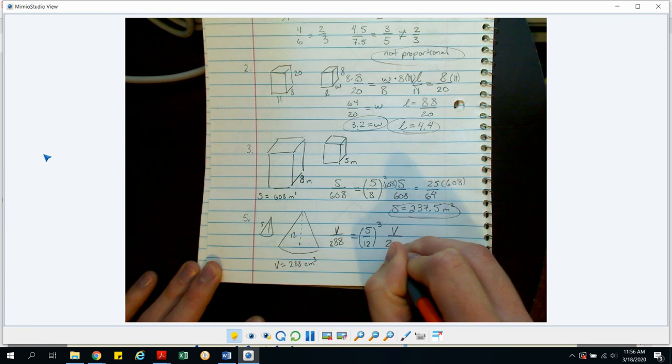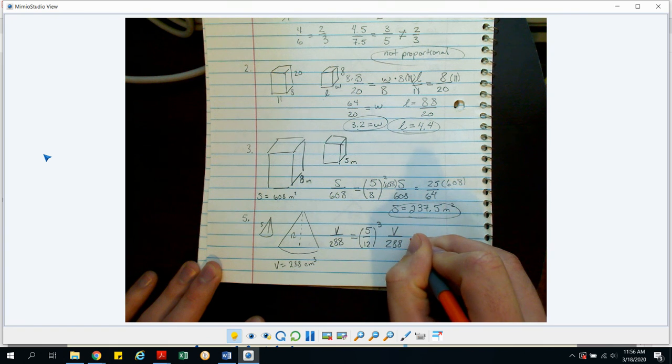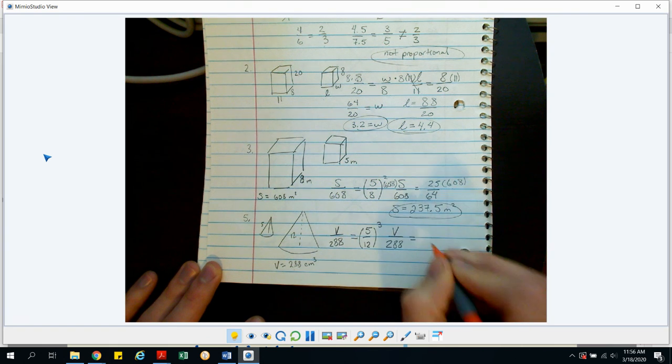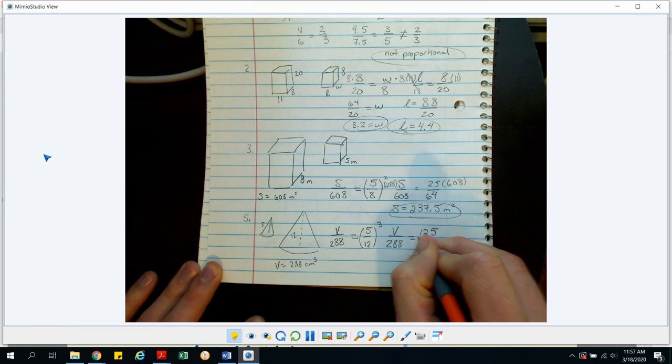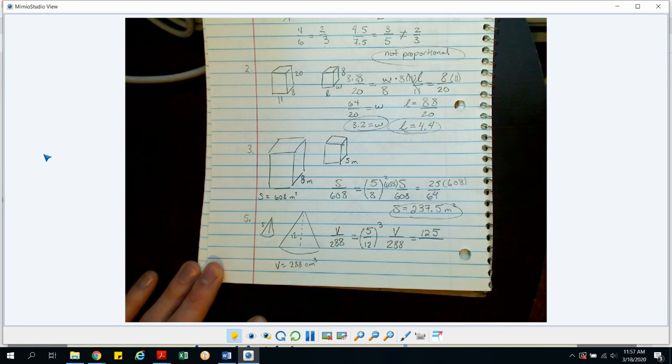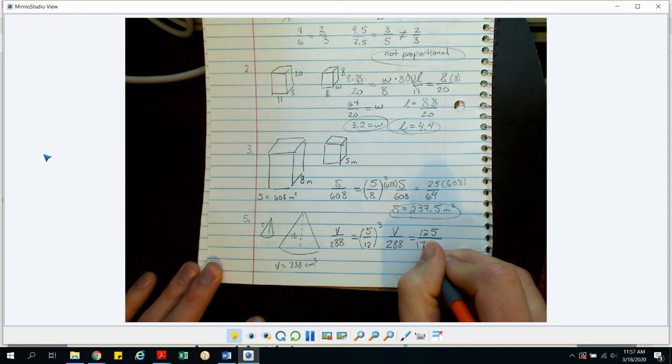So V over 288 equals, well, 5 cubed is going to give me 125, and 12 cubed is going to give me 1,728.